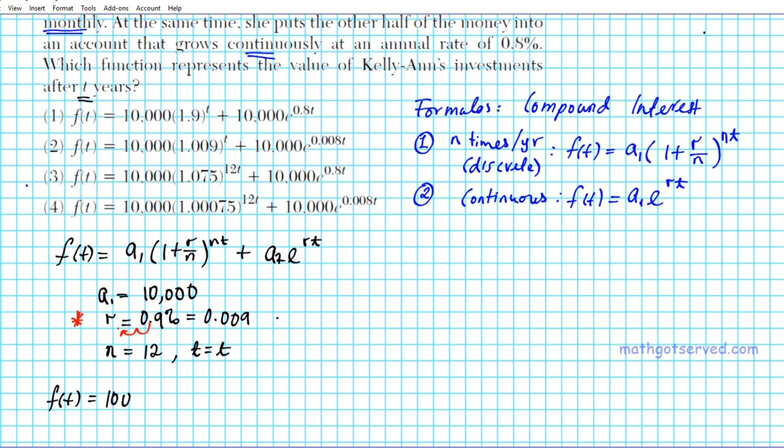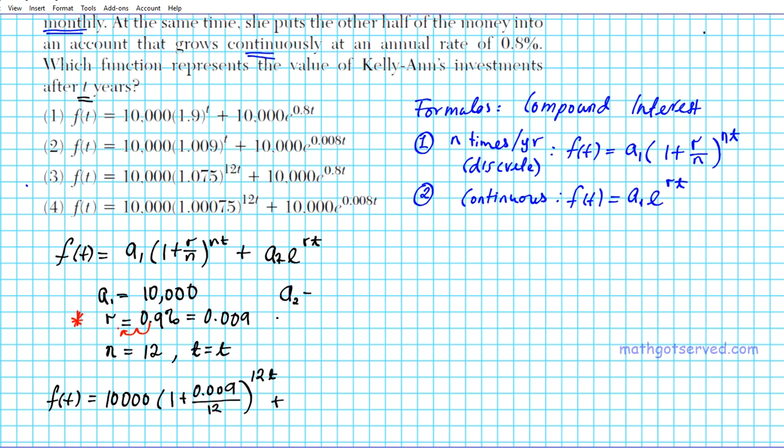So we have 10,000 times 1 plus the interest rate in decimal form, 0.009, over the number of times a year, which is 12 months in a year, raised to the nt, which is 12t.